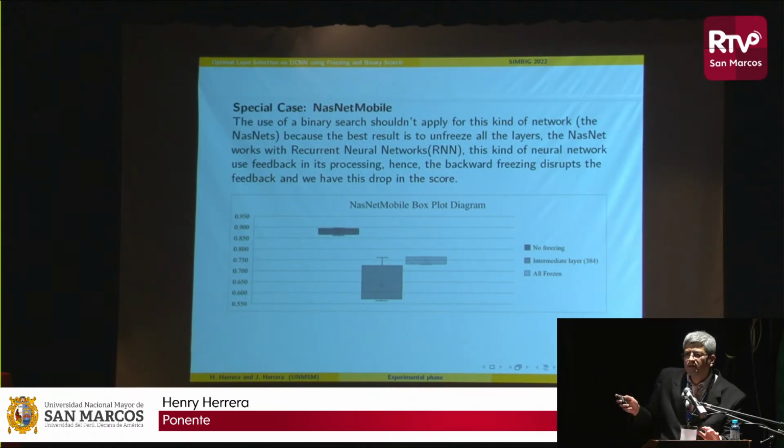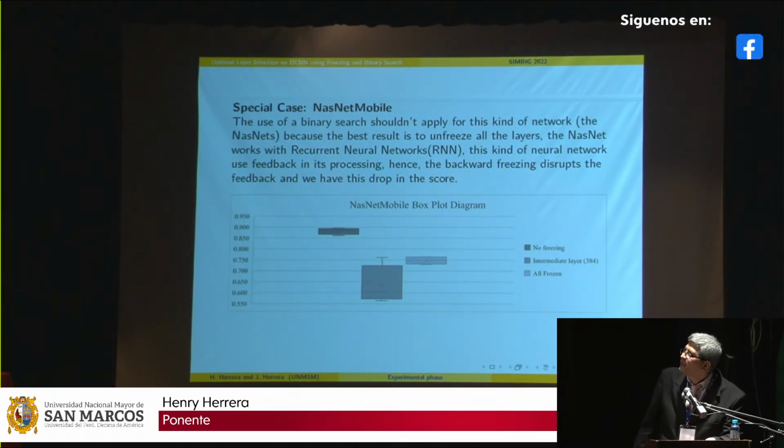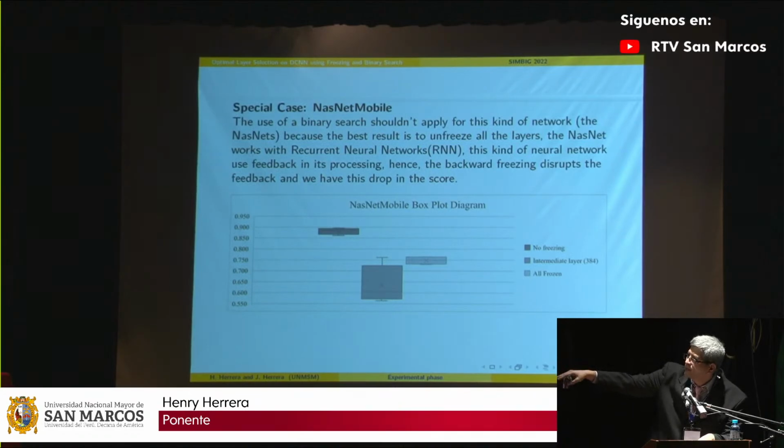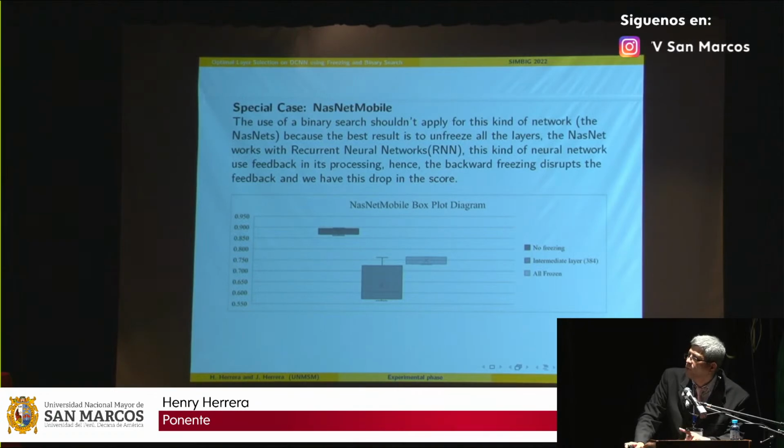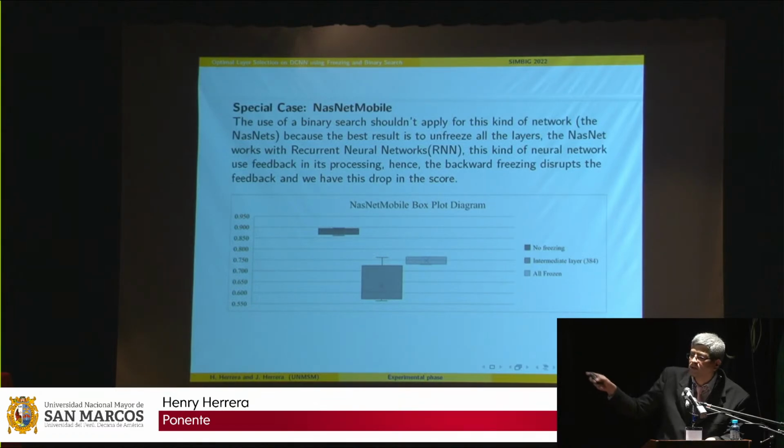We noticed that after the fourth evaluation, in the second iteration, the search for NASNet Mobile was finished because we didn't have a better result. And as you can see, if we froze the intermediate layer, we have a drop in the score. The best way to work with this kind of network is not to freeze any layer at all.